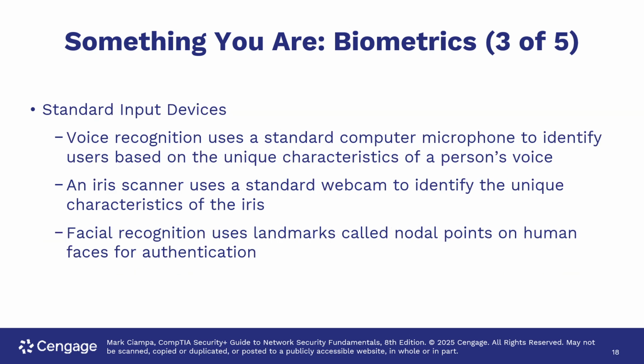You have your voice recognition. You've seen that in some movies where they want to recognize an individual. They recognize their voice and voice pattern. The iris scanner and facial recognition use landmarks called nodal points on a human face for authentication. Again, that's like holding up your phone if you set it up to unlock when it's held up to your face.